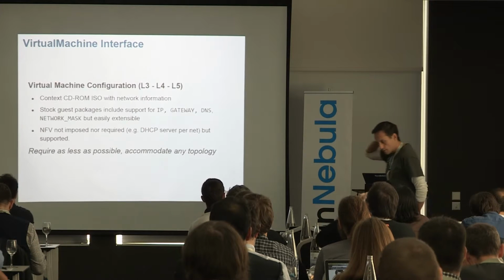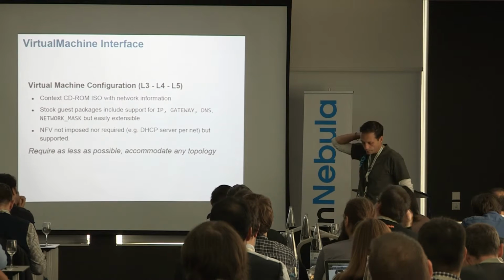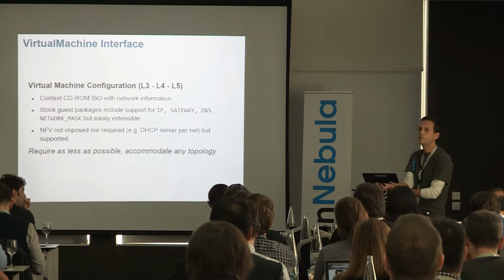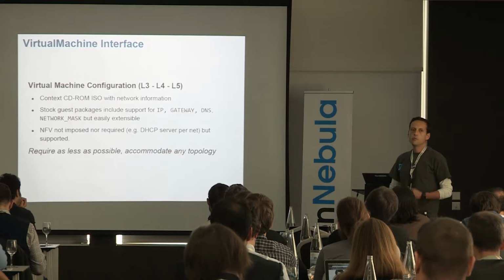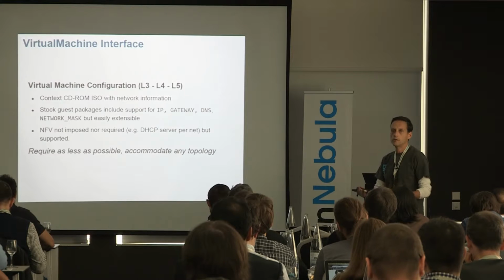What about the guests? So one of the things that from the beginning we wanted in the design of OpenNebula is to require as little as possible and be able to accommodate any topology.